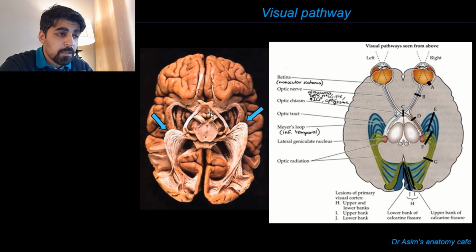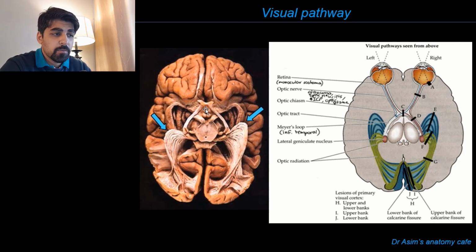And from here, the stalk of the pituitary gland is going to pop out, and the pituitary gland is going to be hanging down below, a little bit anterior but inferior to the optic chiasma, sitting inside a bony space inside the cranial cavity, which is known as the sella turcica. And so in other words, what I'm trying to say is that the pituitary gland is going to be the antero-inferior relation of the optic chiasma.